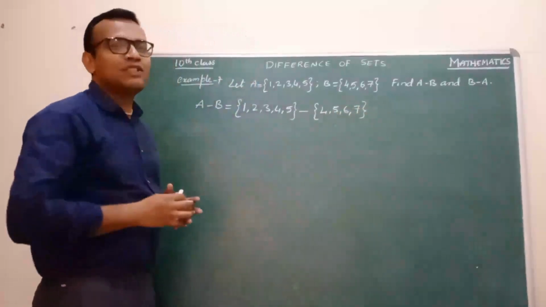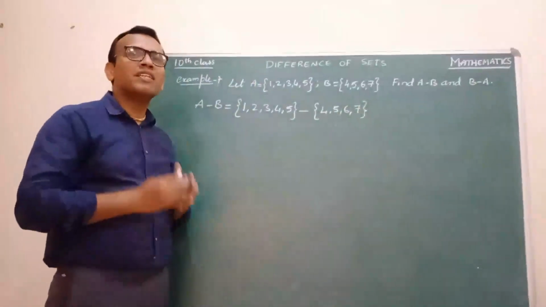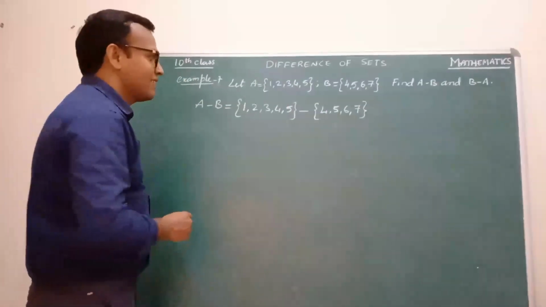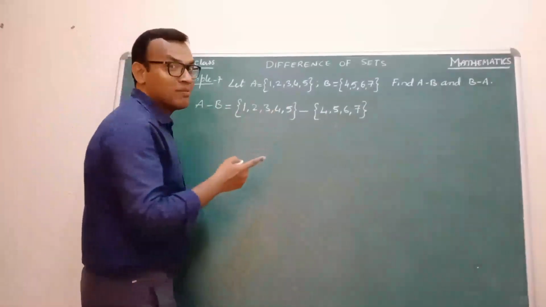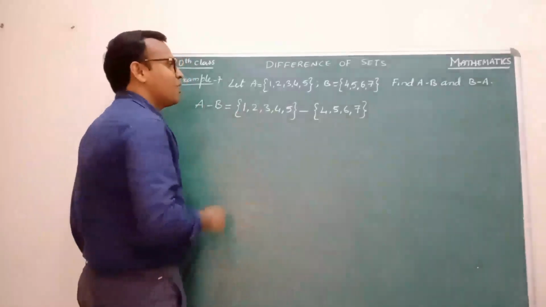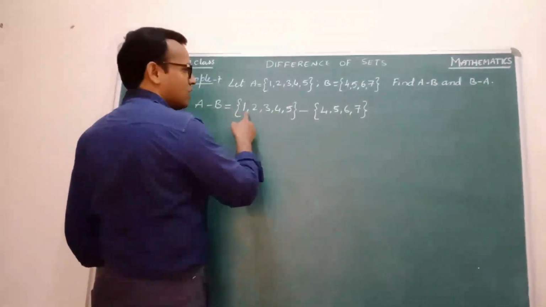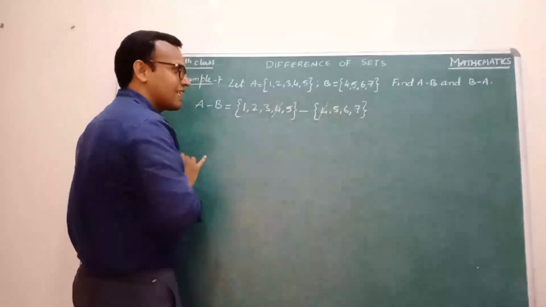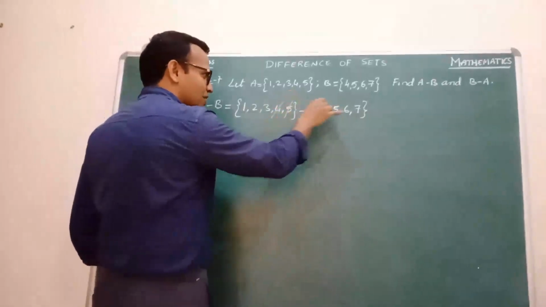Now what do we need to write? We need to write the elements which are present only in A but not in B. So there could be some elements in common that we have to omit. What elements are there? See here, 4 is the common element. Let me cancel that, and 5 is also there.